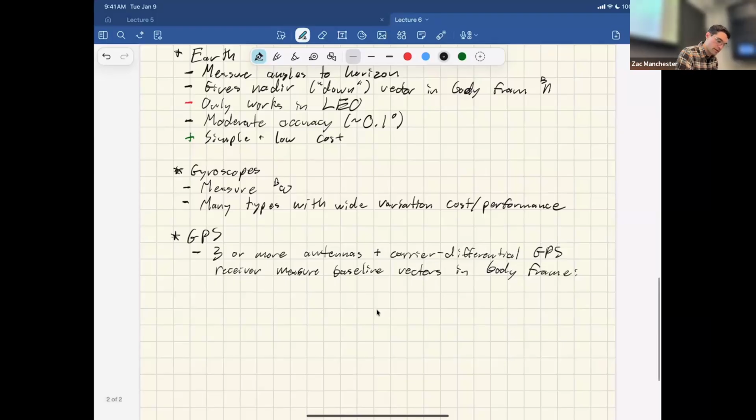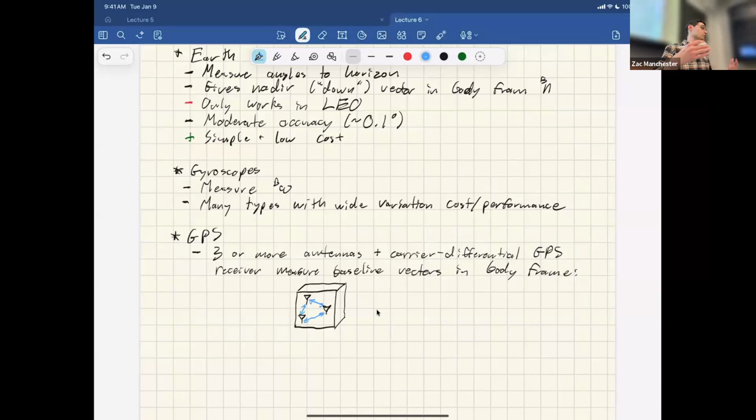So the cartoon is I have my little spacecraft bus, and then I've got, say, antennas. That is the circuit symbol for antenna, for those who didn't know. Then you have the vectors between these in the body frame, and by measuring this with the receiver, you get it in the inertial frame.